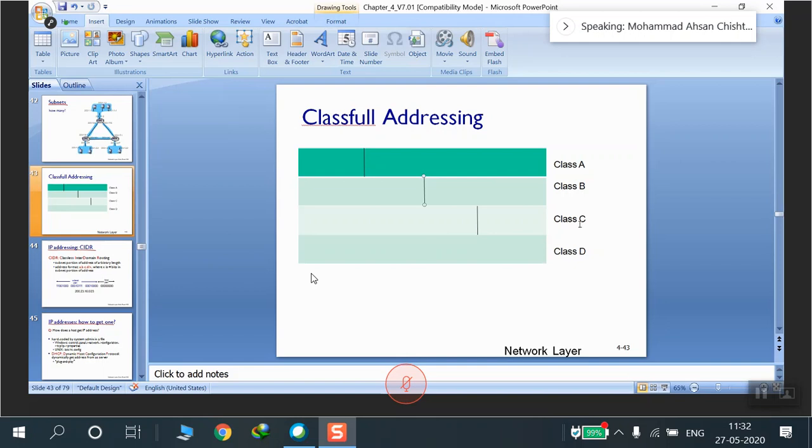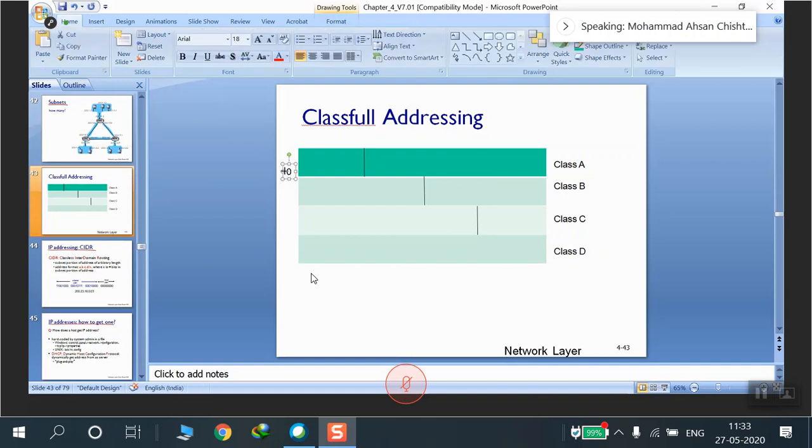This is also denoted like this: class A would start with 0, then we have 1 0, and 1 1 0, as well as 1 1 1 0.